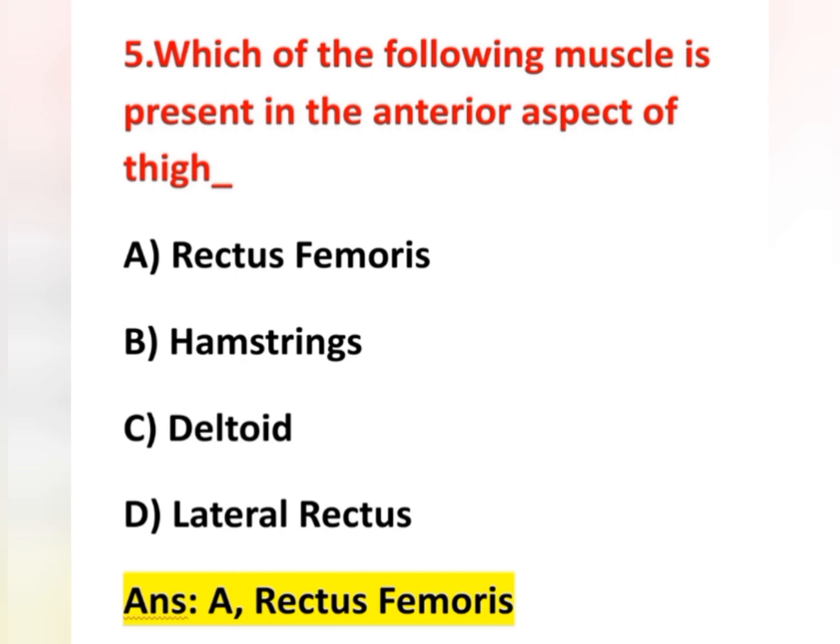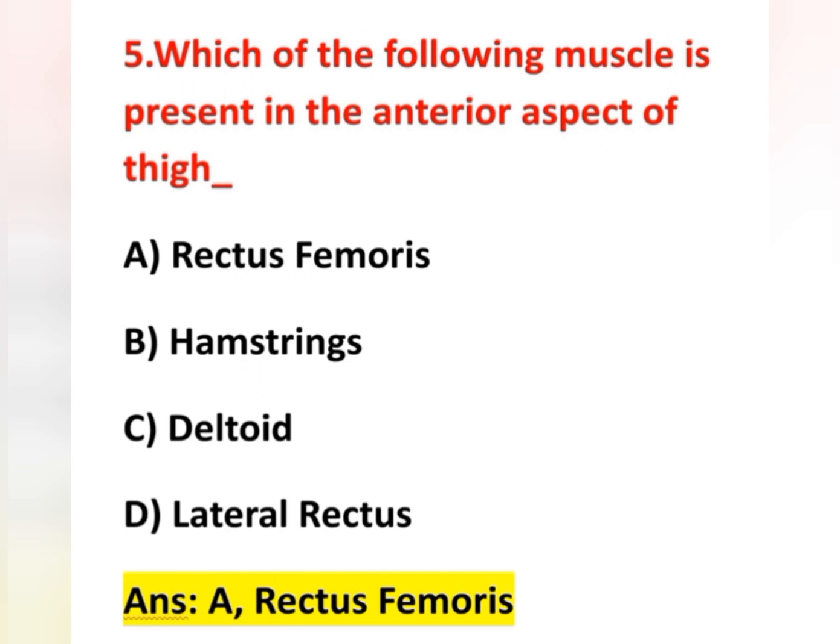Sartorius is the longest muscle in the body, and vastus lateralis is usually where we give injections in children. So in our question, the muscle present in the anterior aspect of the thigh is rectus femoris.